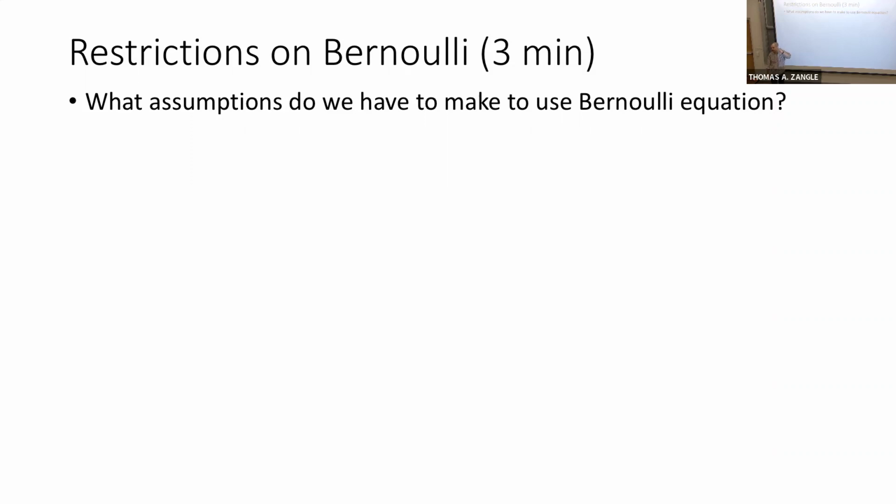One place it's really useful is when we want to understand flow within individual pieces of equipment, where maybe there is friction, but it's negligible. Then we can still apply Bernoulli.